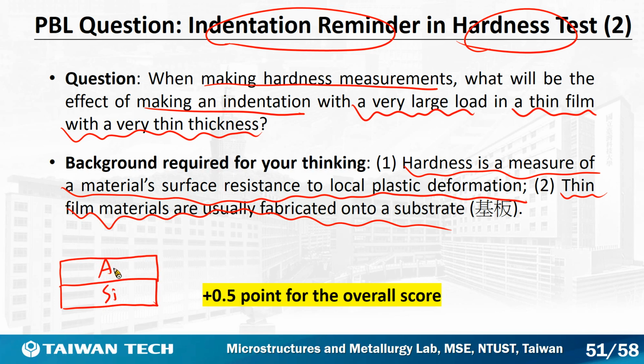For example, gold, and the gold is very thin, for example 100 nanometers. This is what we call the substrate, and this is our thin film.